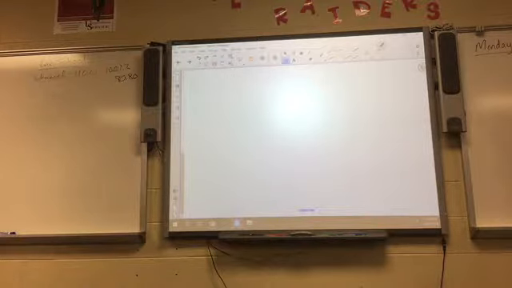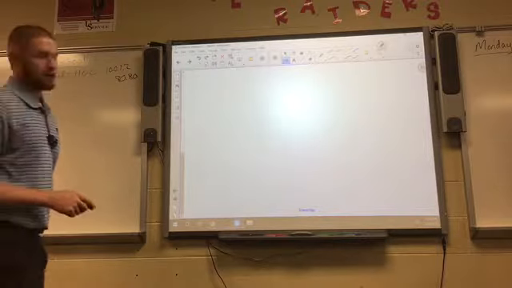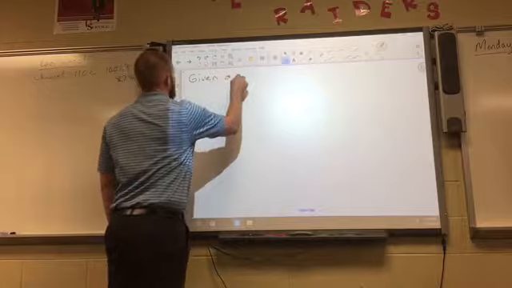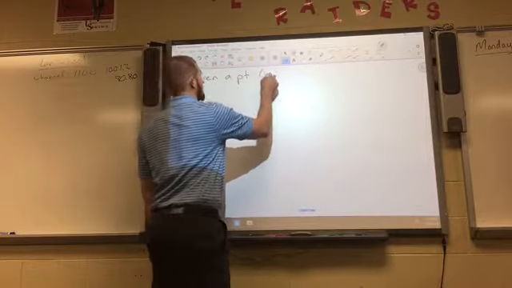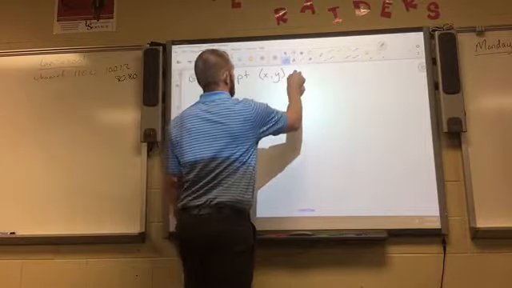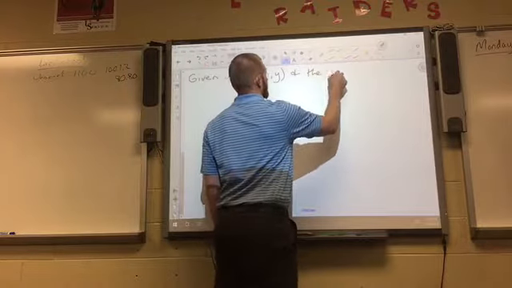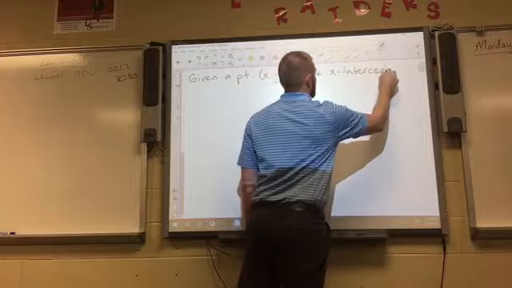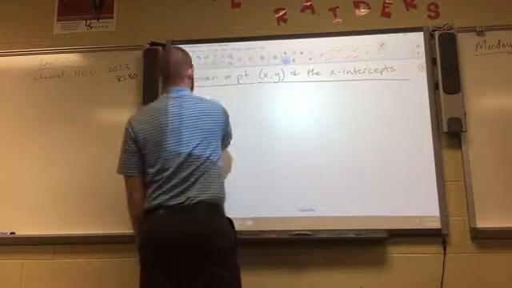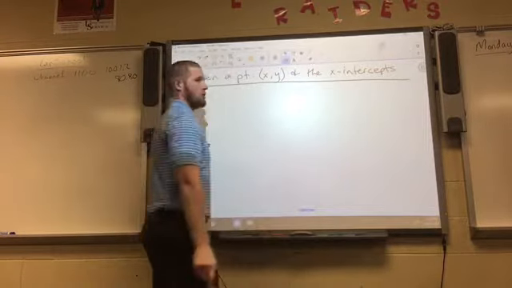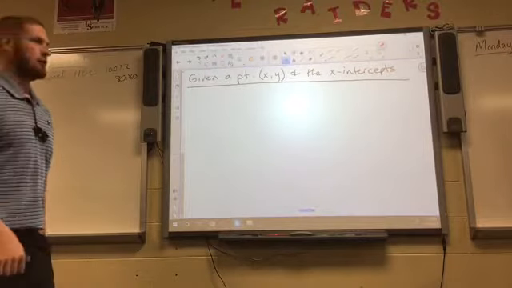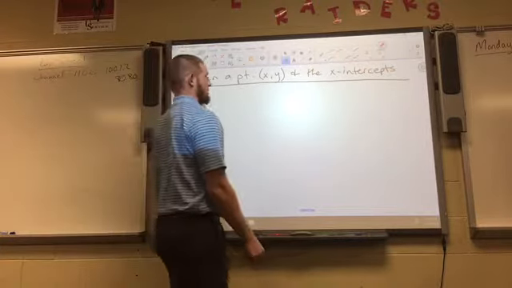Example 2 helps us if we are given a point x, y and the x-intercepts. Here's another one. If you don't know intercept form of a quadratic function, you need to know it. Test is Tuesday.